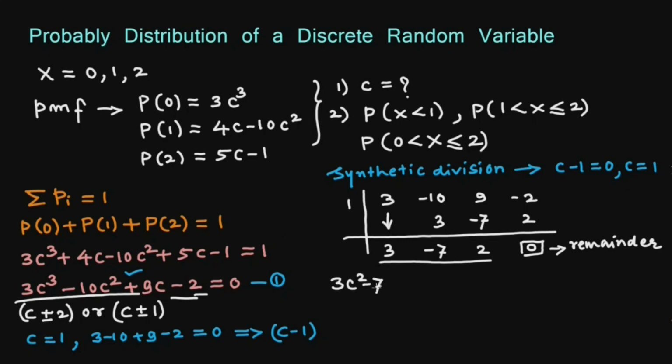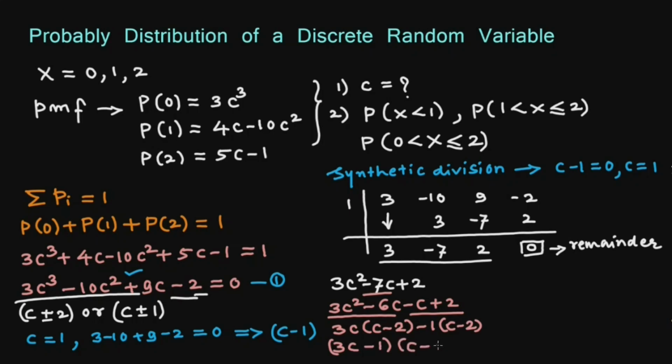3c square minus 7c plus 2, which can be factorized by splitting the middle term: 3c square minus 6c minus c plus 2. After grouping the terms, 3c into c minus 2 minus 1 into c minus 2. So the factors will be 3c minus 1 and c minus 2.